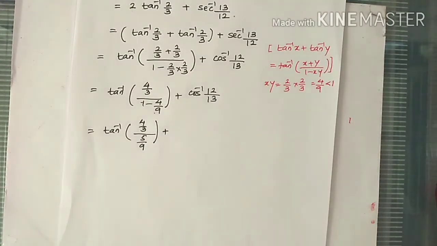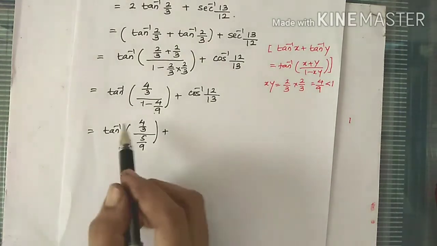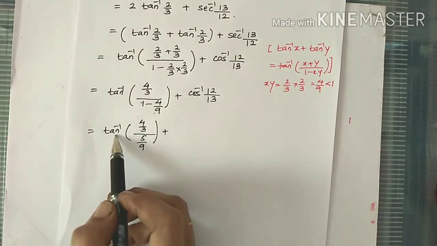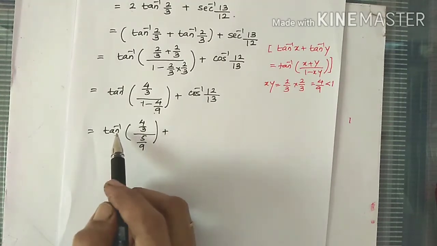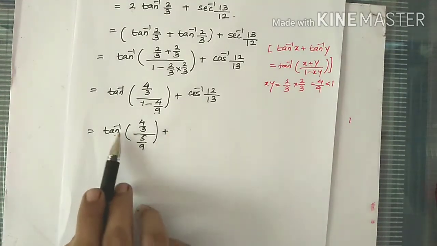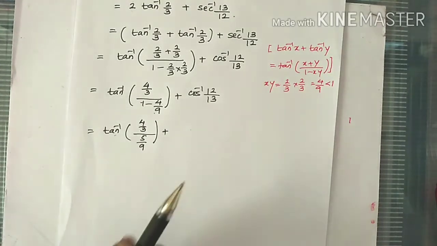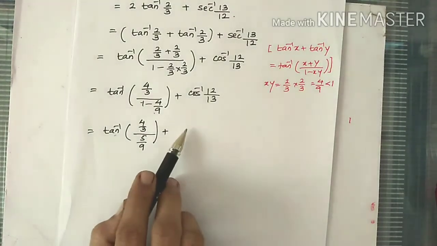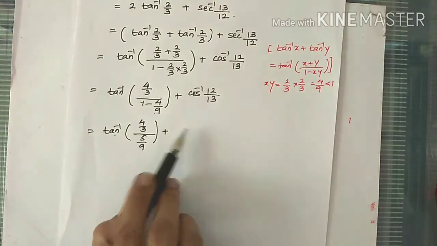So whenever we have sin inverse x plus cos inverse x, or tan inverse x plus cot inverse x, or sec inverse x plus cosec inverse x, we get pi by 2. Now we are getting this term in terms of tan inverse, and if we can write the other term as cot inverse, then tan inverse plus cot inverse will give us pi by 2. So let's convert this term into cot inverse.